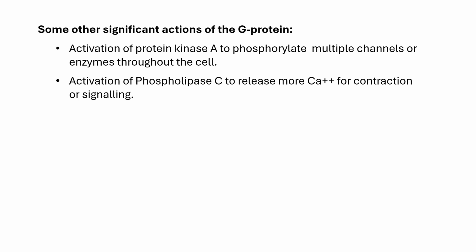This releases calcium into the cell, and this can be used for contraction, if it's a contractile cell, for exocytosis, where the cytoskeleton moves vesicles, or if calcium combines with something called calmodulin, it can lead to signaling. So again, an explosion of things happening.